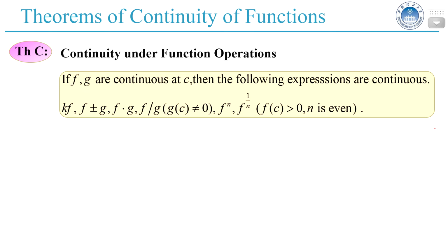If f and g are continuous at some real number c, then the corresponding expressions are continuous too. The first, kf, meaning k times f. The second, f plus or minus g, then the product fg, and f over g.